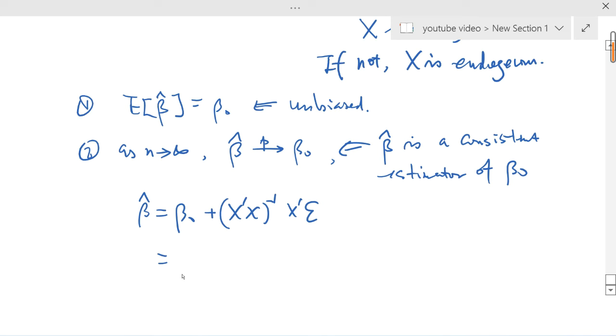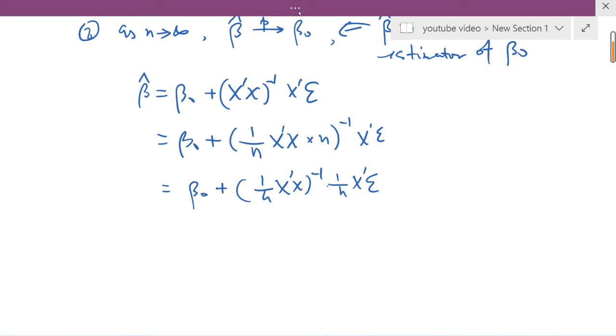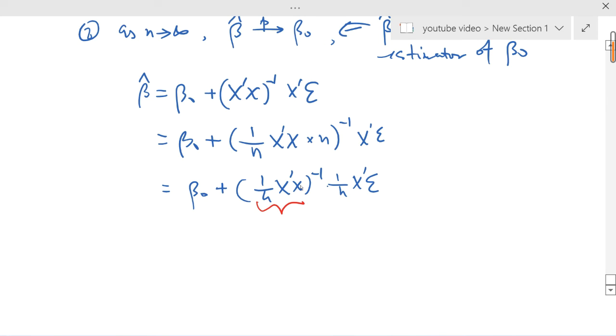What I'm going to do is divide inside the brackets by n, and then multiply by n. So now we have two terms here. Let's call this term 1, and this second term.